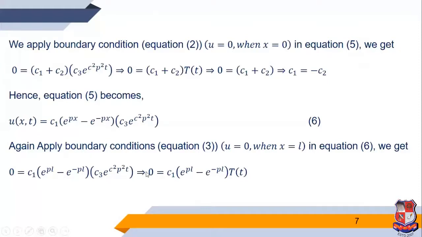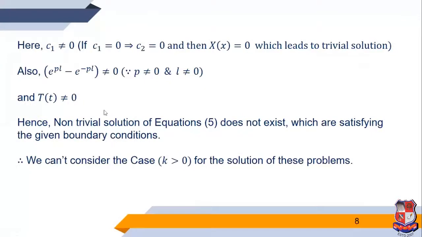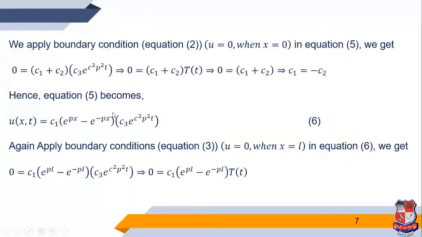So this implies 0 is equal to this term into T of t. Again T of t is not equal to 0, because if we consider T of t equal to 0, then it is a trivial solution. So T of t is not equal to 0.